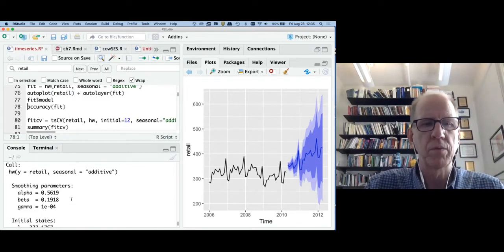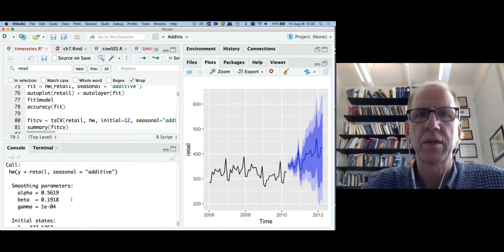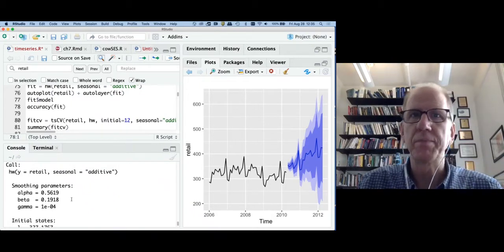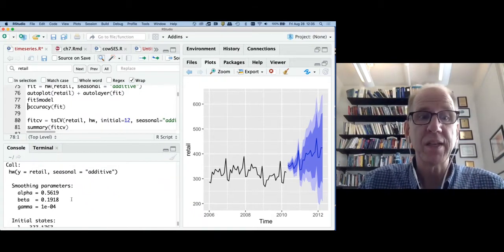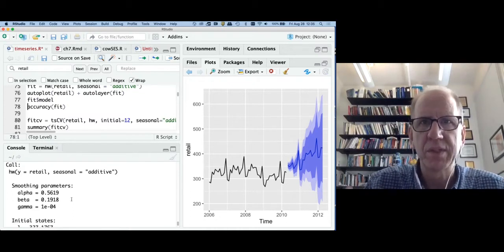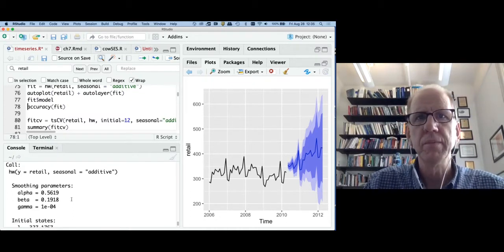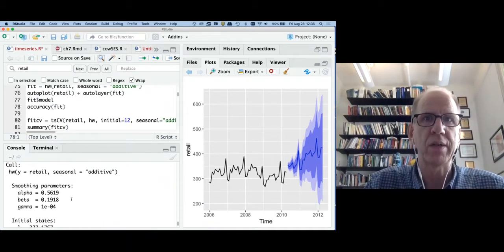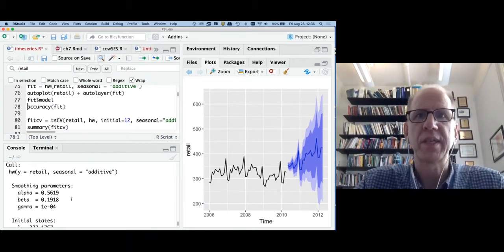The remaining 43%, 44% of the weight is given to the previous observation. So what that's saying is we're giving a lot of weight to what's happened most recently. I think the reason why we're giving so much weight is because we did have that financial crisis. We need to really pay attention to what's happening recently.